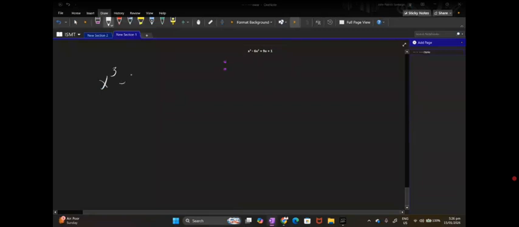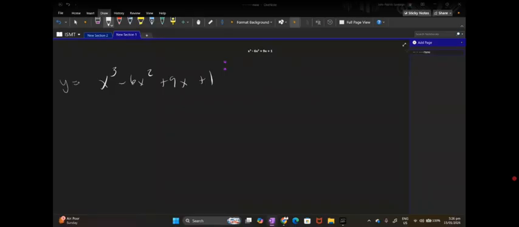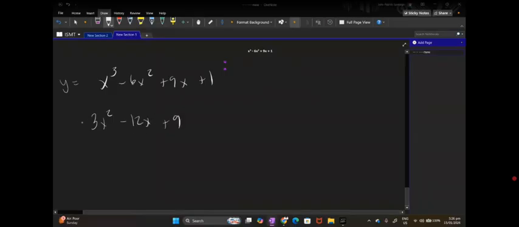x cubed minus 6x squared plus 9x plus 1. Yeah. So let's try this. So let's get the first derivative. It's 3x squared minus 12x plus 9. So, pwede natin siya i-factor.